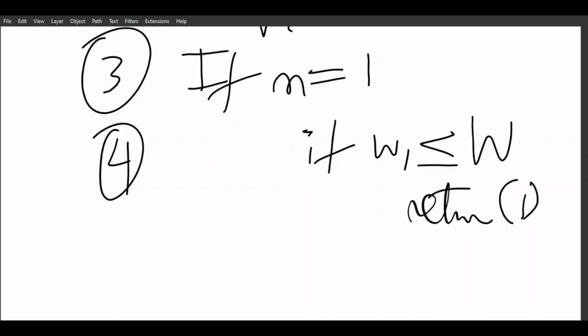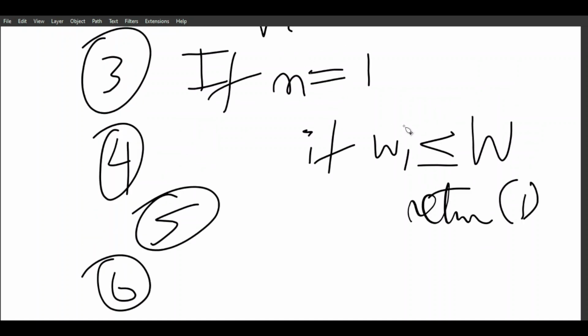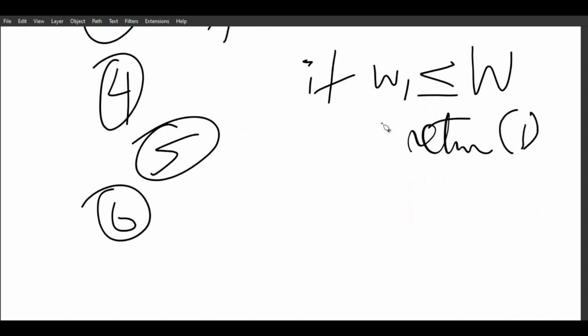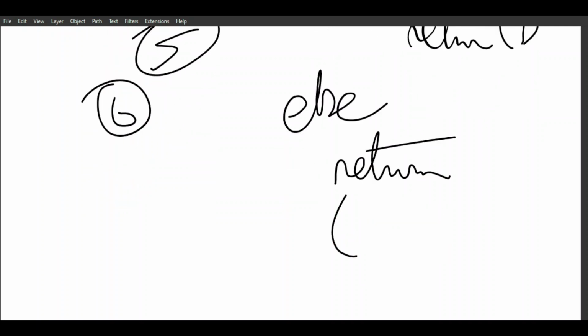This is step 5. Otherwise, else, return this fraction, capital W divided by w1.